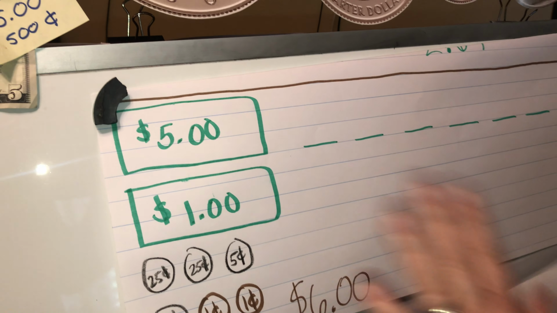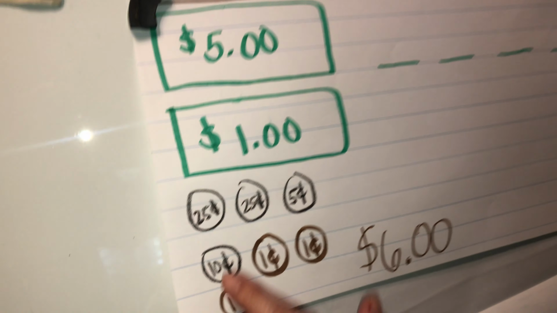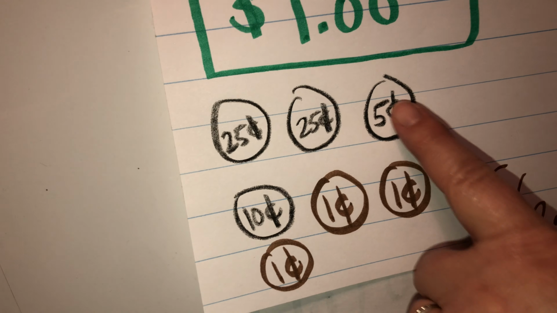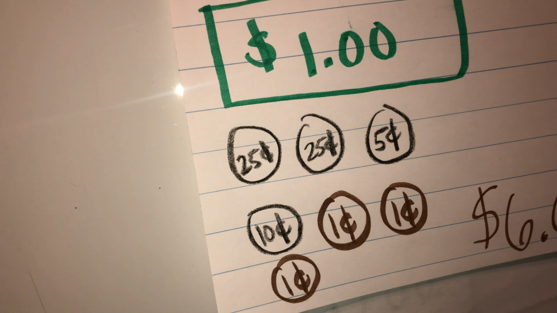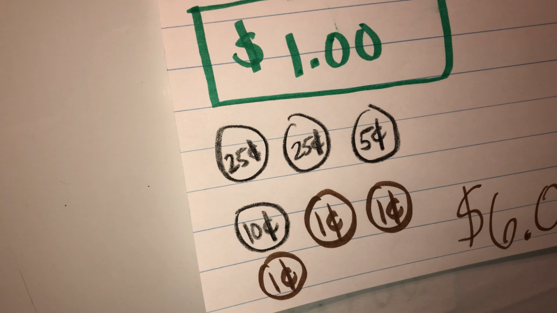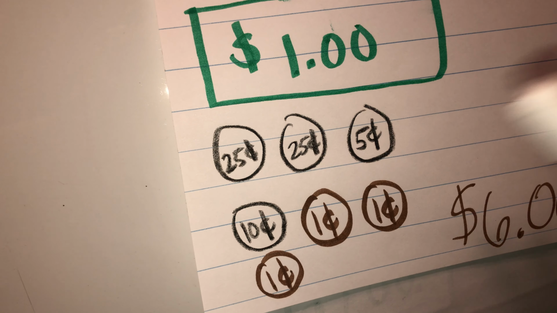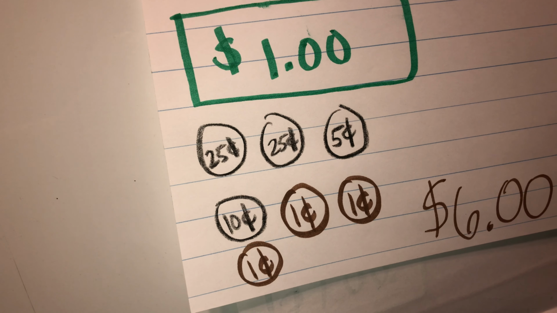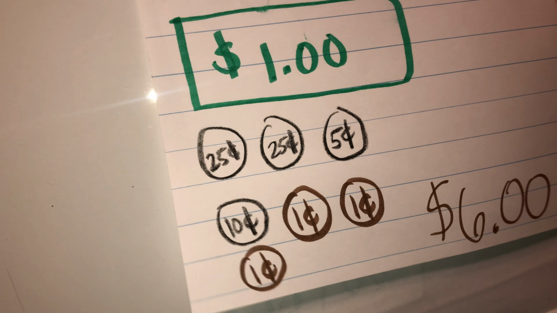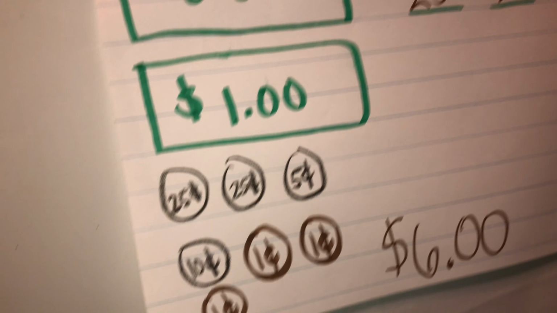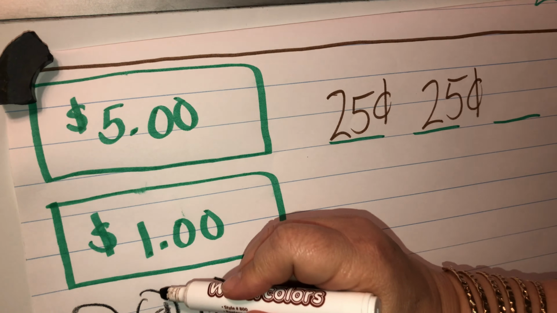Okay. Now look at them closely. I have a quarter, a nickel, a dime, and 1, 2, 3 pennies. So what should I put in order first from the value? I should put the quarters. So 25 cents, 25 cents, 2 of them.